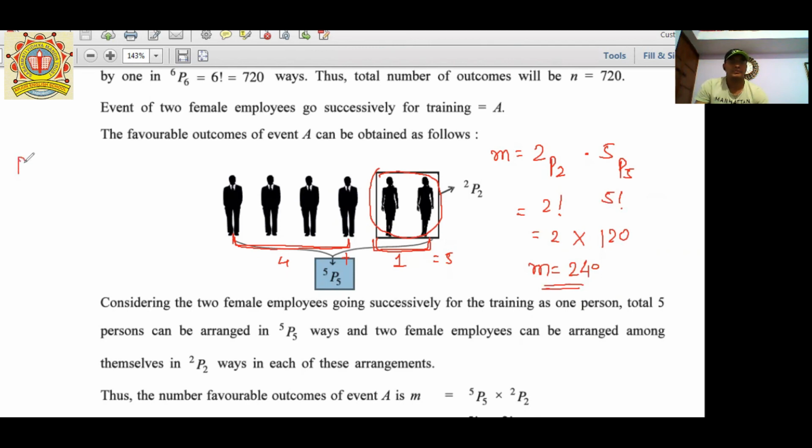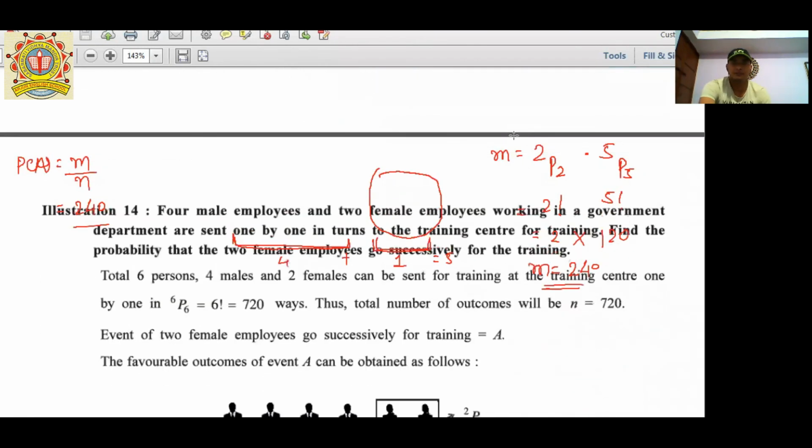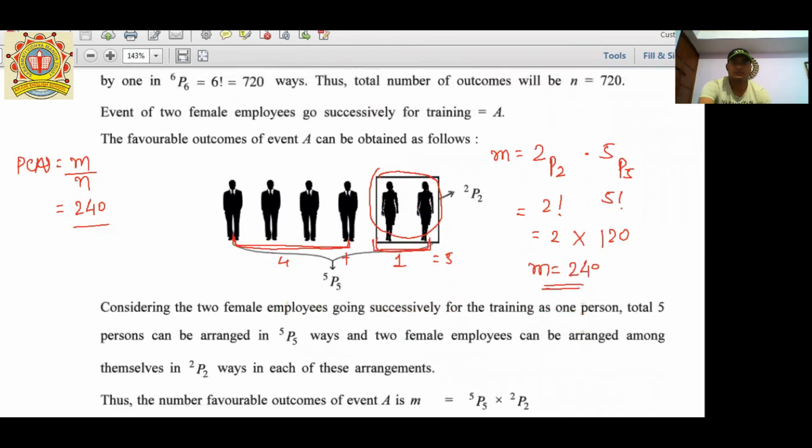Finally, the formula for probability of A is m upon n. m stands for 240 and n stands for 720. So instead of n, we have to put 720.